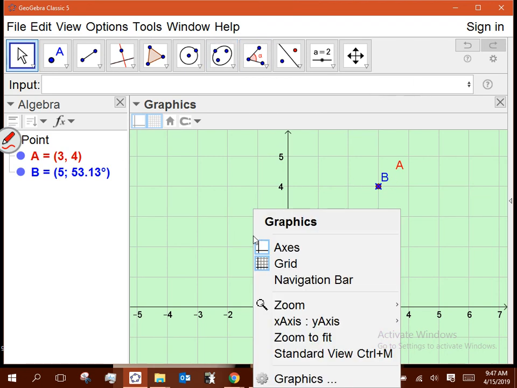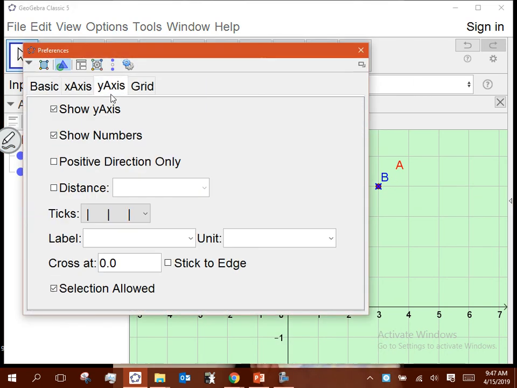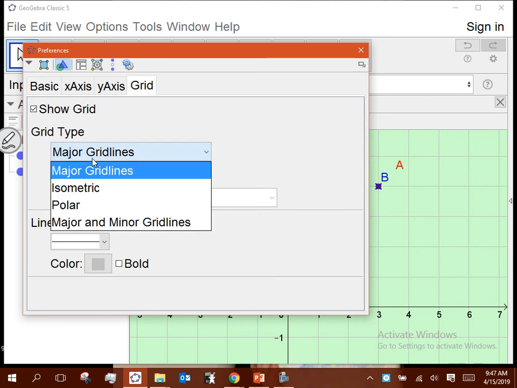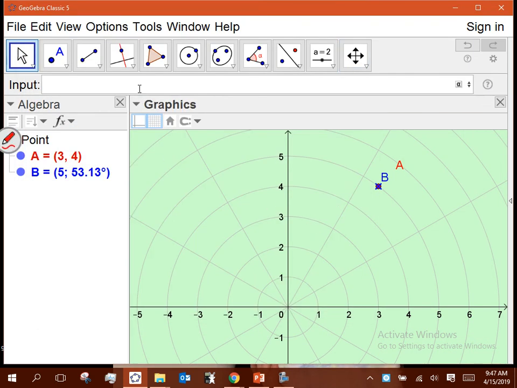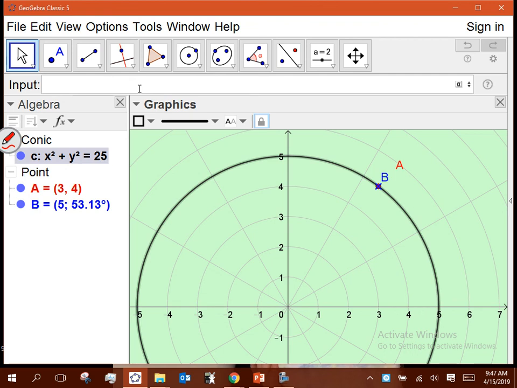But now we see with changing the grid then back to polar that you are indeed on the x squared plus y squared equals 25. You're on the 5th circle, right? Okay. And if we were to figure out how many radians that is, it's going to be, well, let's just do this.